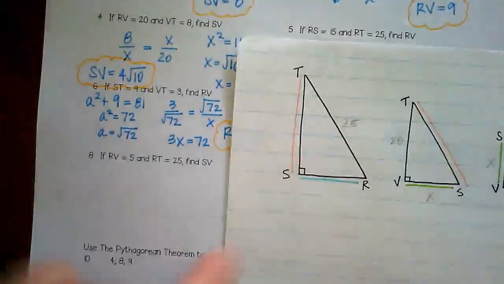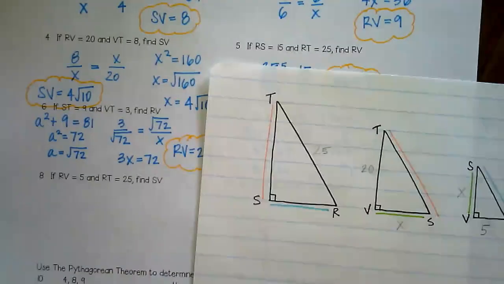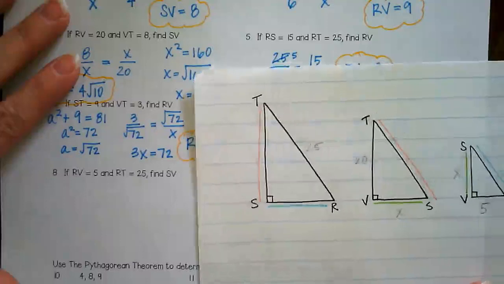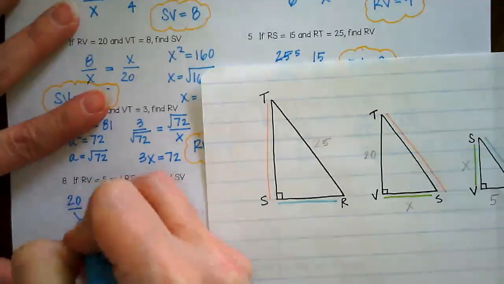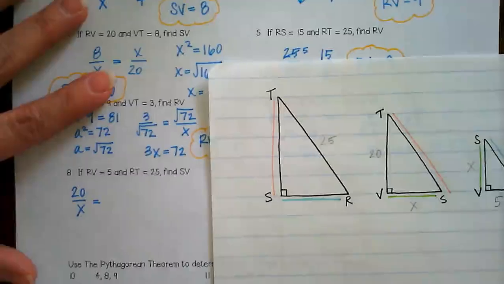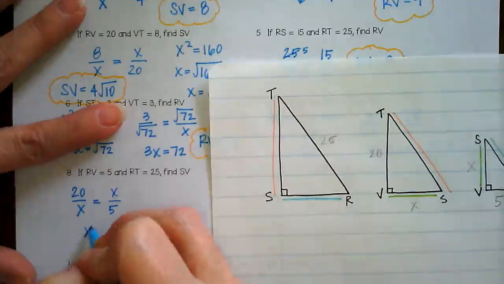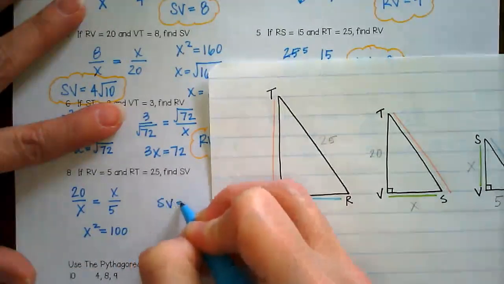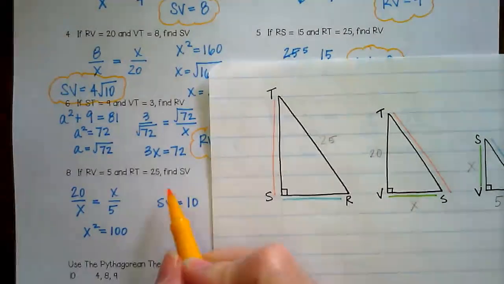So doing that, now I have Mama Bear set up, and you might even be able to do this without thinking about it, but if not, we'll write it down. So Mama Bear is 20 over X, and Baby Bear is X over 5, which means that X squared is 100, so SV is 10. All right, that wasn't so bad.